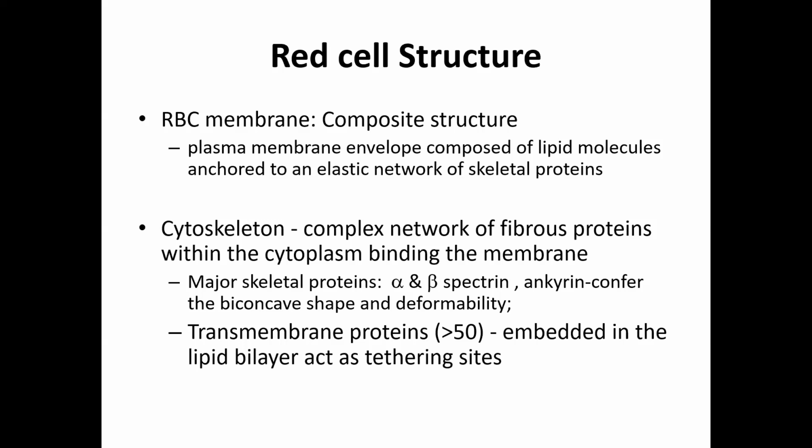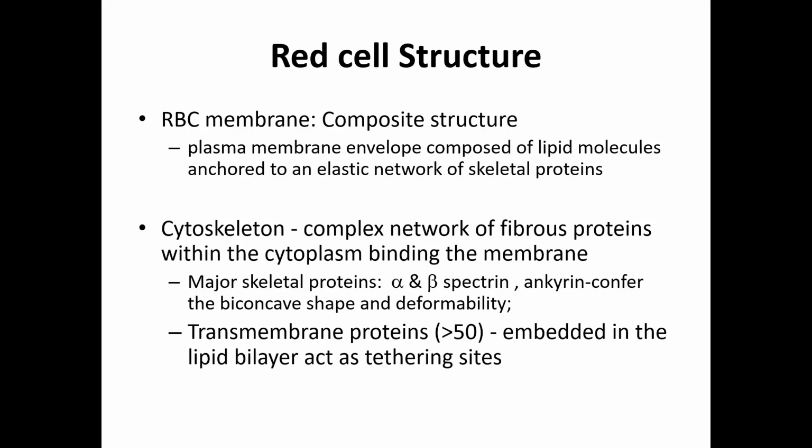And this helps maintain that membrane in that biconcave shape, because left alone, the tendency would be for the red cell to be a sphere or a rounded shape. But by having this network of fibrous proteins, it is maintained in this sort of biconcave shape.